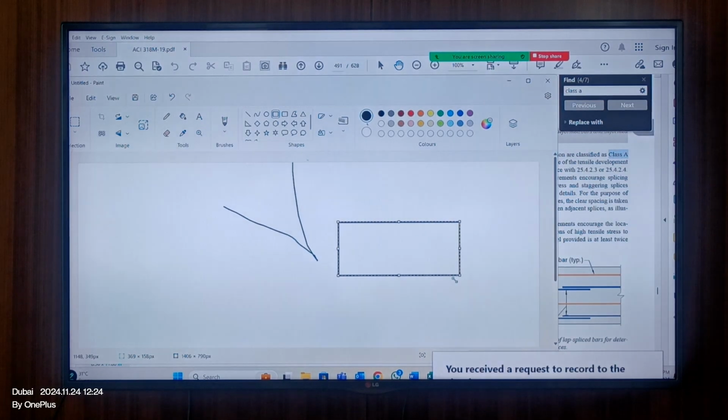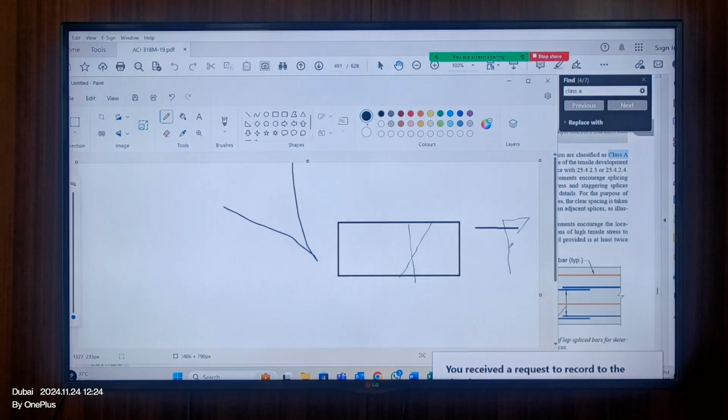This is my raft, right? And this is the stress-strain diagram.